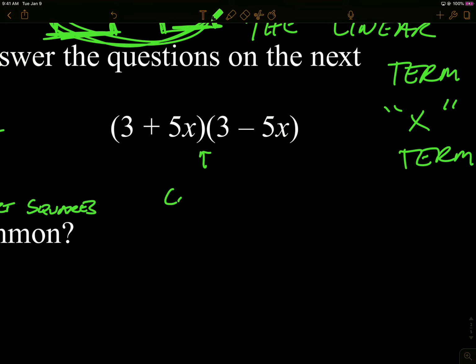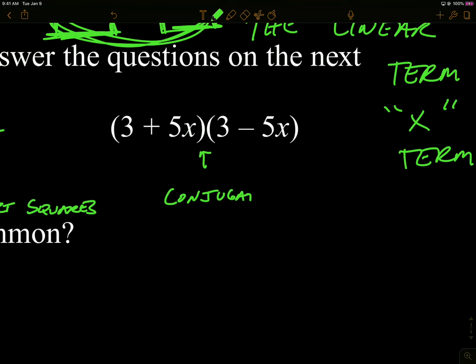These are called conjugate pairs. If I multiply conjugate pairs, you always get a difference of two squares. Why are they conjugate pairs? The first term matches the first term. The last term matches the last term, except they differ by their signs. One's positive, one's negative. That's a conjugate pair.